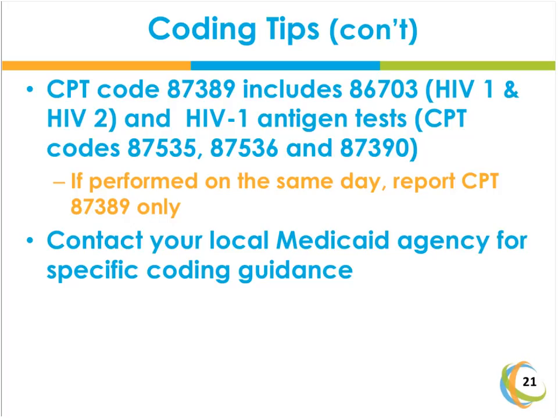And so this slide just provides you with coding guidance, so that in the instance the provider makes the decision to perform an HIV-1 and 2 test together, the correct code to report is 87389. You should follow up with your local Medicaid agency for specific guidance, as they will tell you which code sets to use and how to report those.